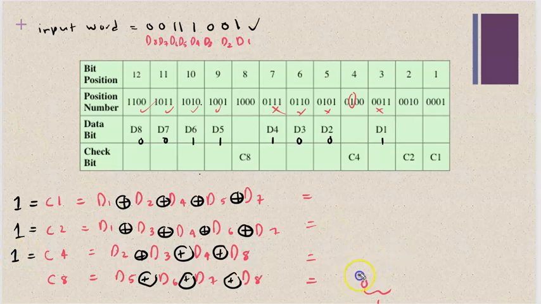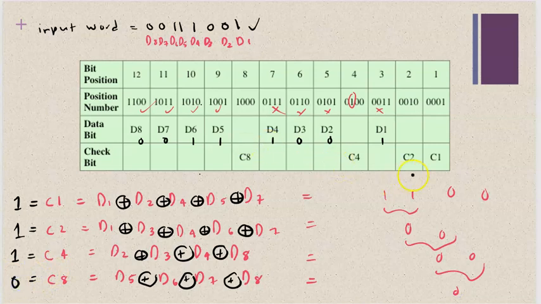Now I don't have enough space. Let me try to do it on top. So D5, 6, 7, 8. 1, 1, 0, 0. We're trying to find out what is the check bit assigned to C8. So 1 and 1 would be a 0, 0 and 0 would be a 0, 0 and 0 would also be a 0. So the check bit for C8 is 0.